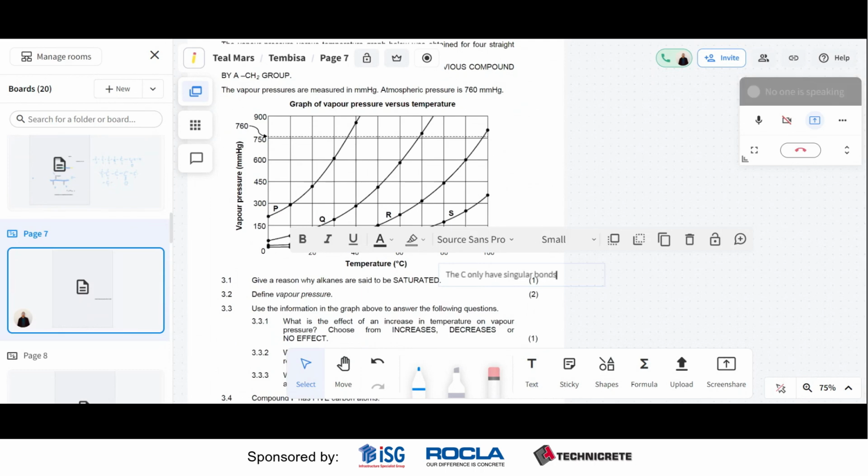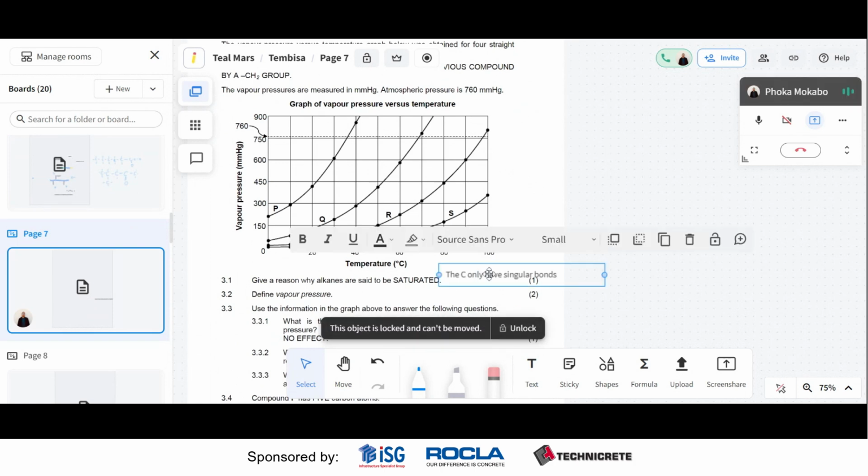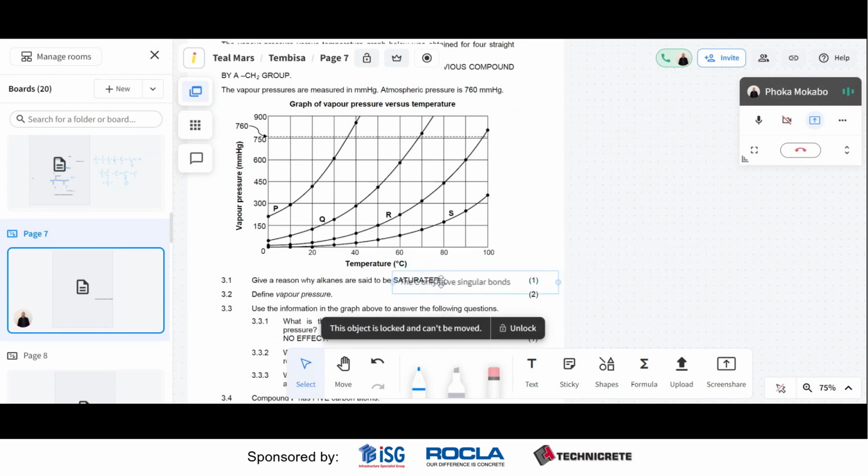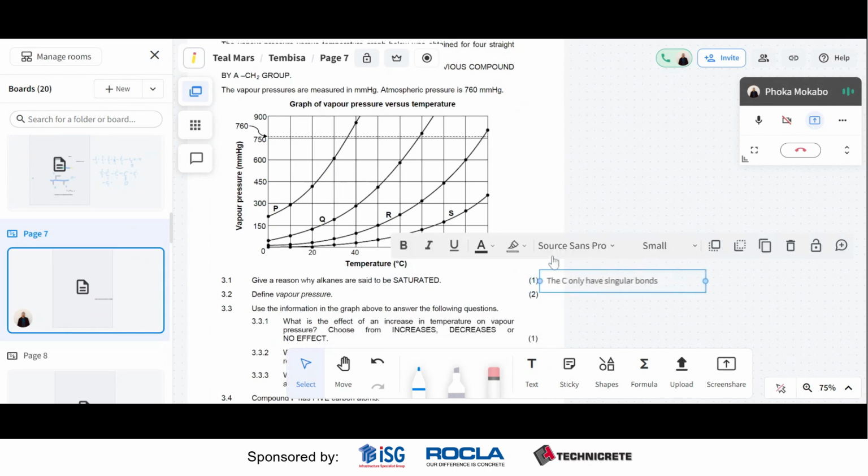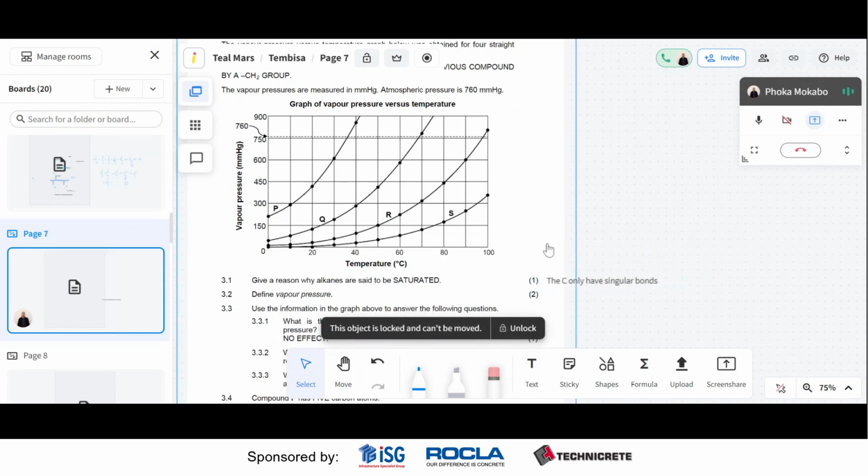Okay, so we're allowed to have saturated compounds that have double oxygen bonds and so on and so forth, but the carbons can only have singular bonds, right?